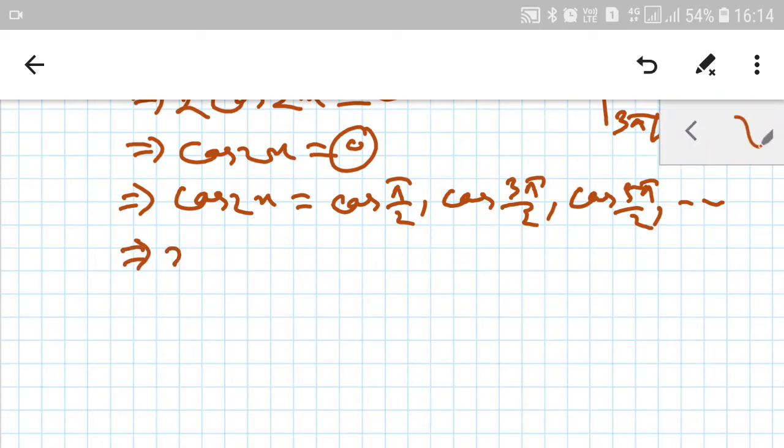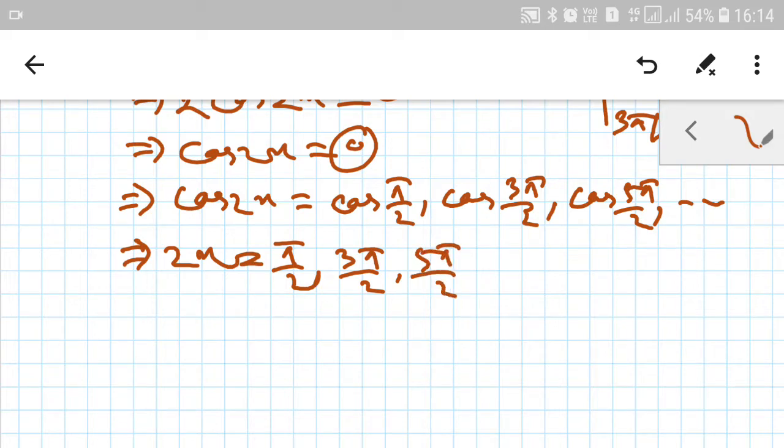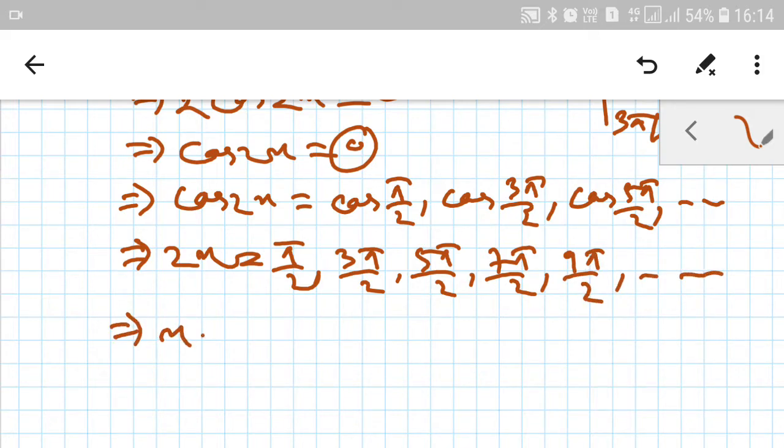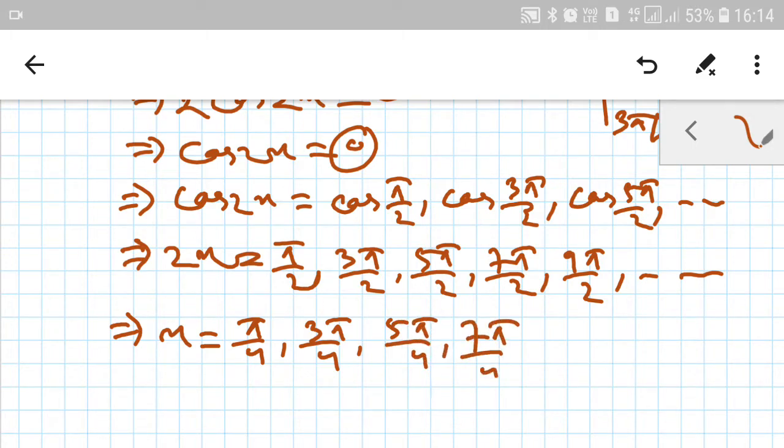Therefore 2x equals pi by 2, or 3 pi by 2, or 5 pi by 2, or 7 pi by 2, or 9 pi by 2. Then x becomes pi by 4, or 3 pi by 4, or 5 pi by 4, or 7 pi by 4.